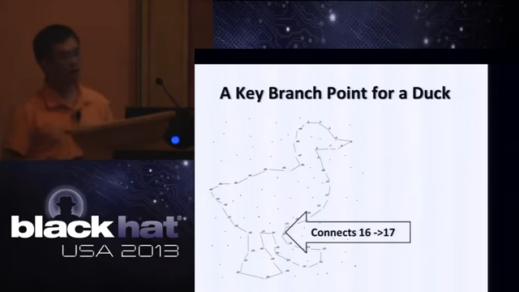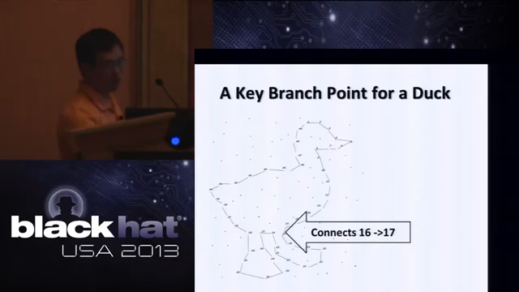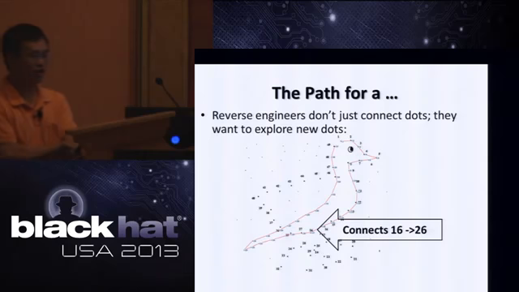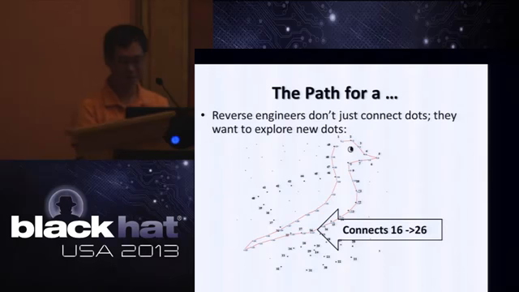There's quite a key branch point: if you connect the dots 16 here to 17, that leads to the discovery of the foot of the duck. In a sense, if you connect it differently, it might lead to something else, such as this. Well, this is Locke's creation. I don't know what it is, but definitely not a duck.